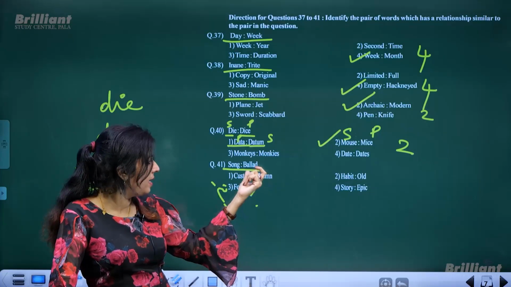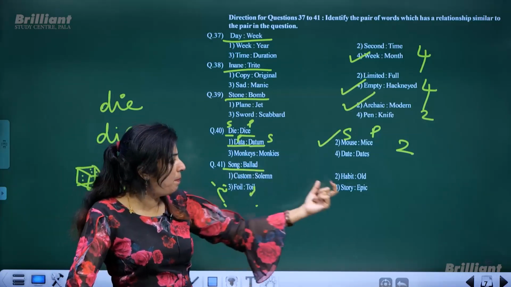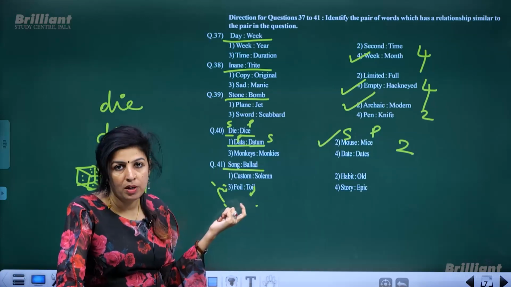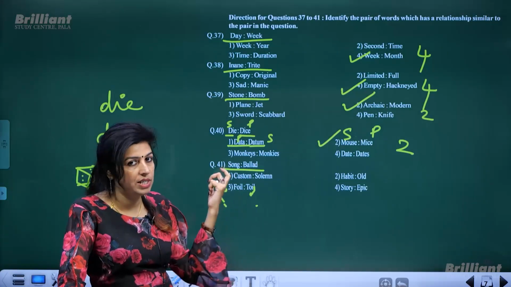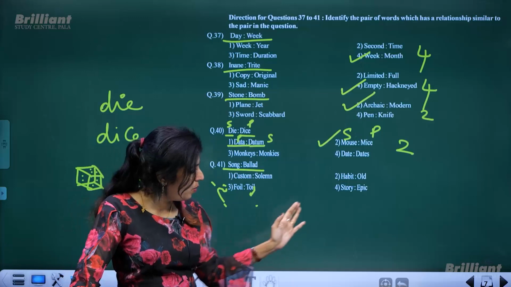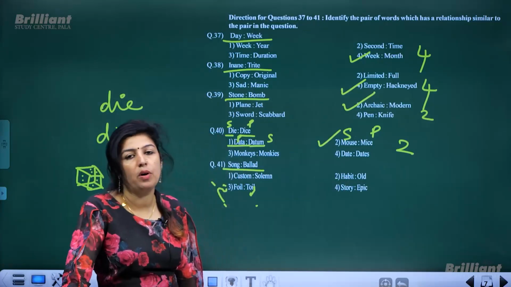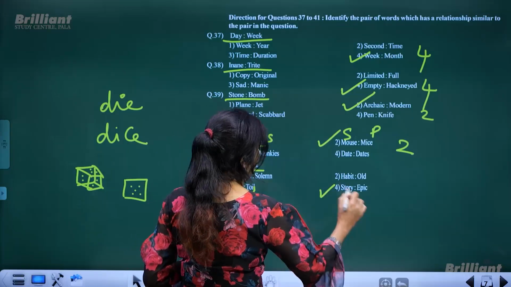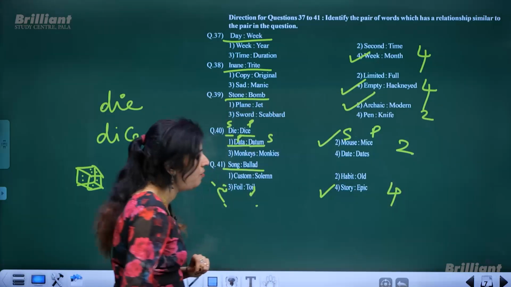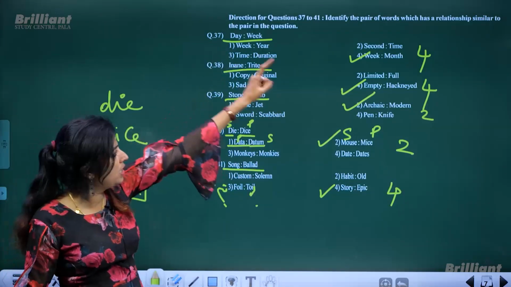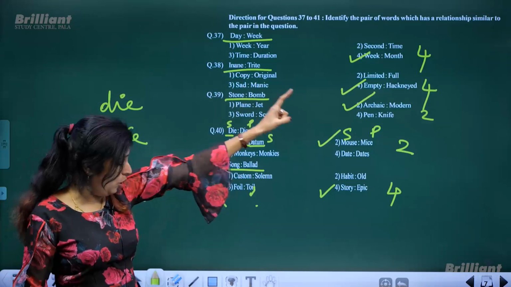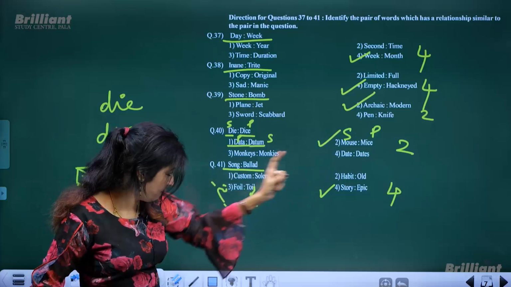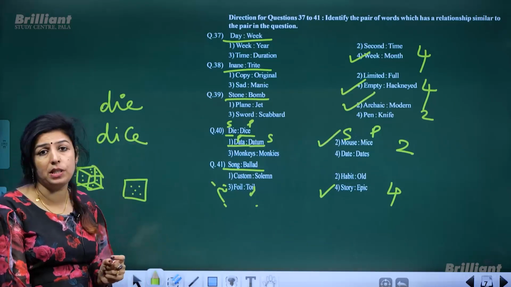Just like ballad has song in it, epic has story in it. Ballad is a kind of poem which has musical quality or song in it. Exactly likewise, epic also is a type of poem which has story in it. So, exactly the same connection. So, option number 4. So, 37 option number 4, 38 option number 4, 39 and 40 option number 2 and 41 option number 4 again.